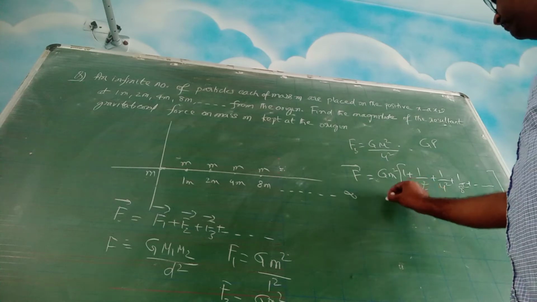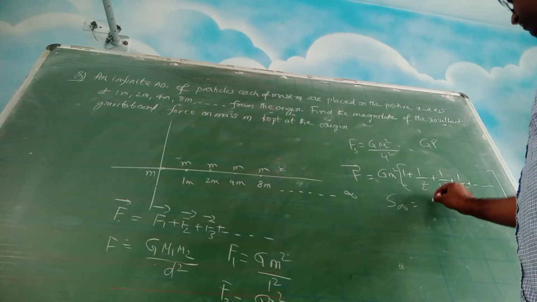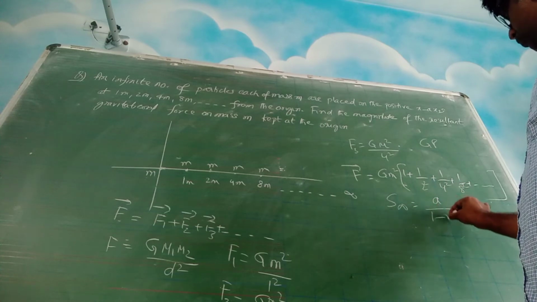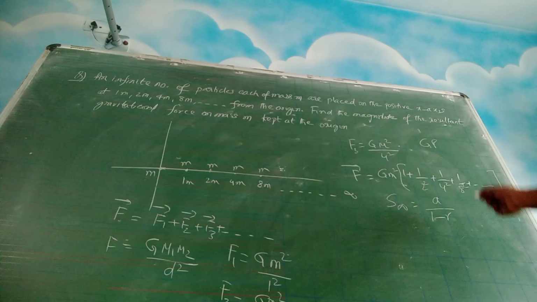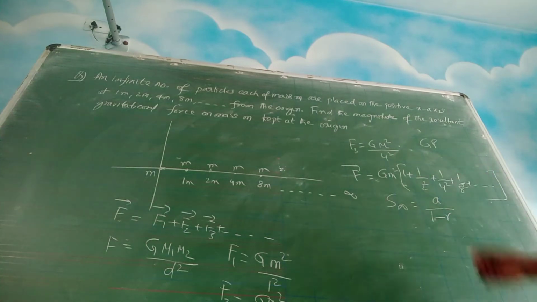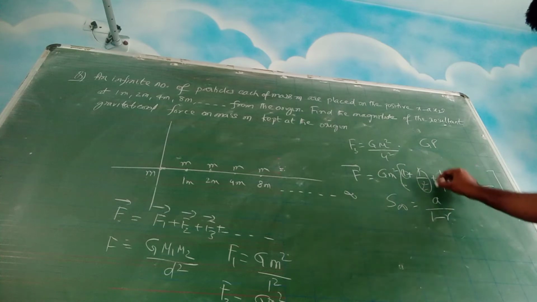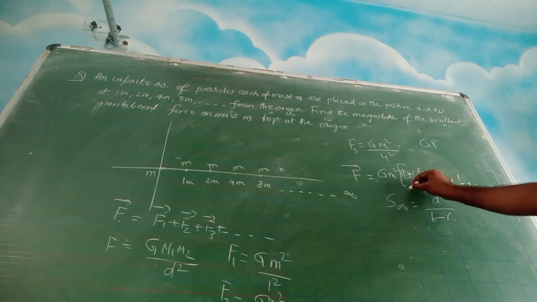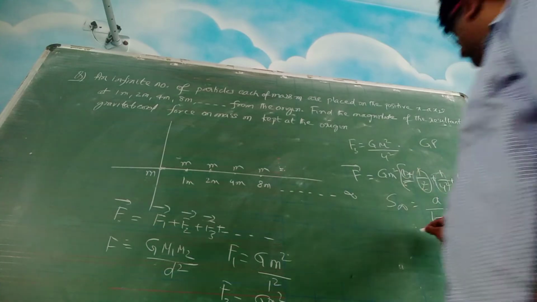So what is the sum of terms in an infinite GP series? The first term divided by 1 minus r, where r is the common ratio. You have to take two consecutive terms and take the ratio. You can take this term and this term. Suppose you take this and this, so it is 1 upon 4. And what is the first term? 1.